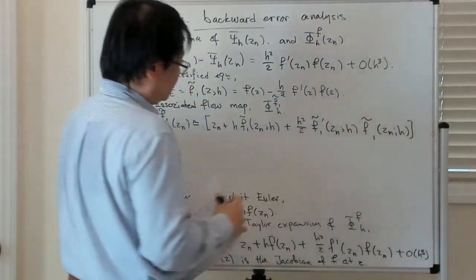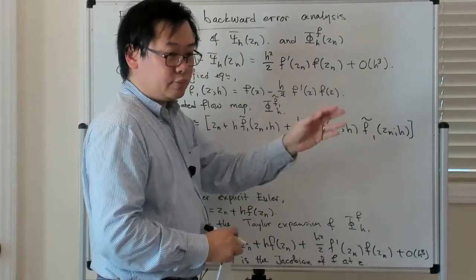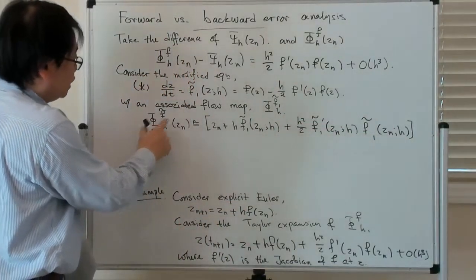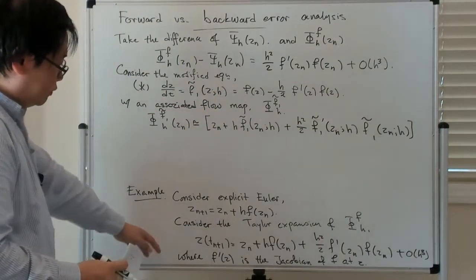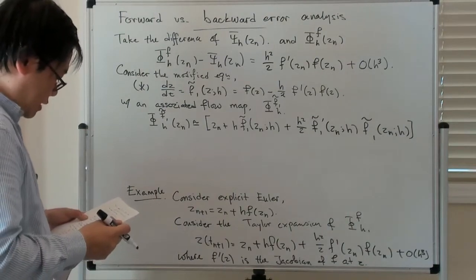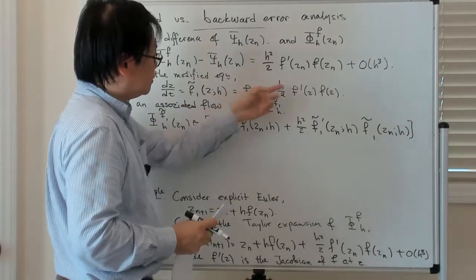This is just the quadratic approximation, where we're only taking quadratic terms of the Taylor expansion for the solution of this modified equation. It's exactly the same as we had done before. And you know what f1 tilde is in terms of f.